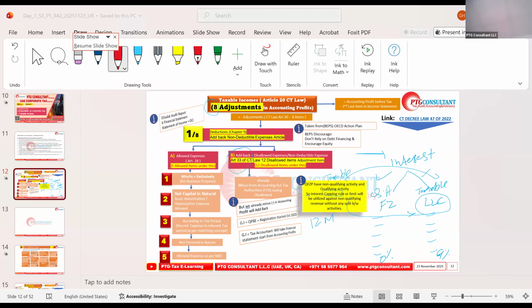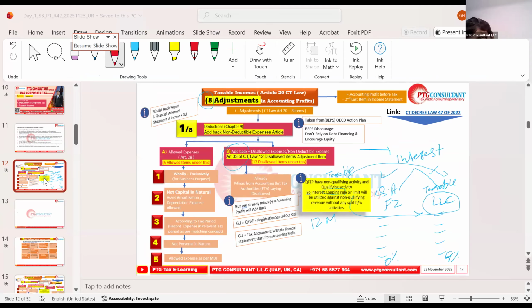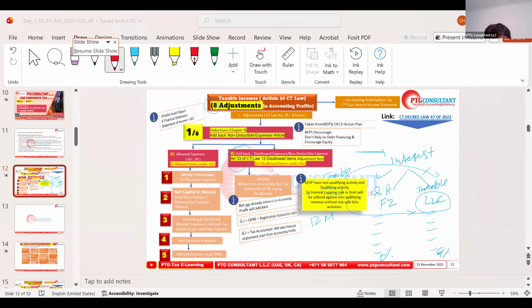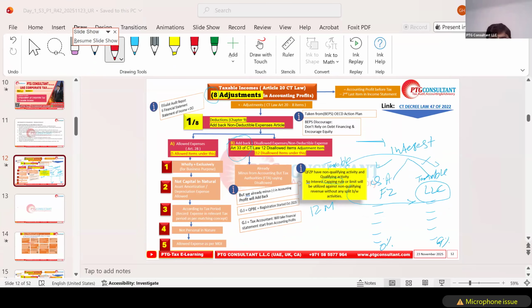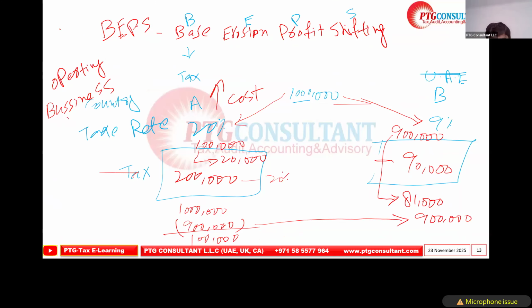Hope the base erosion and profit shifting understanding is clear. Hope the base shifting concept is clear now. Am I audible? Okay.